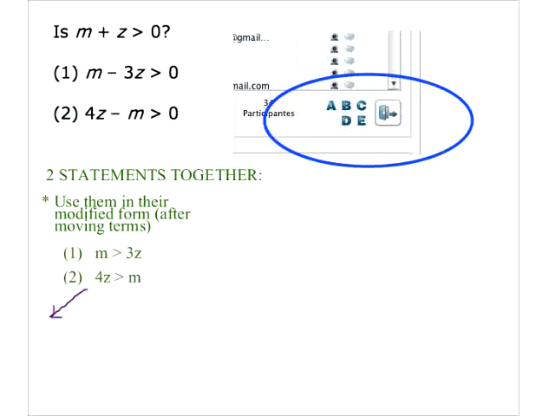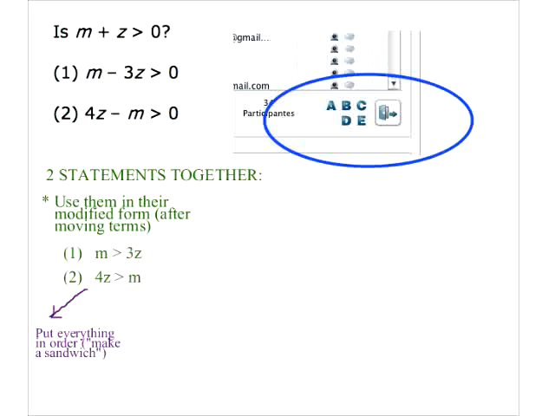One way that you can do that is to make a sandwich, which is kind of like just putting everything in order. What I mean by make a sandwich is that you wind up with three things in sort of a sandwich form, where the meat of the sandwich is the m, which is in both.